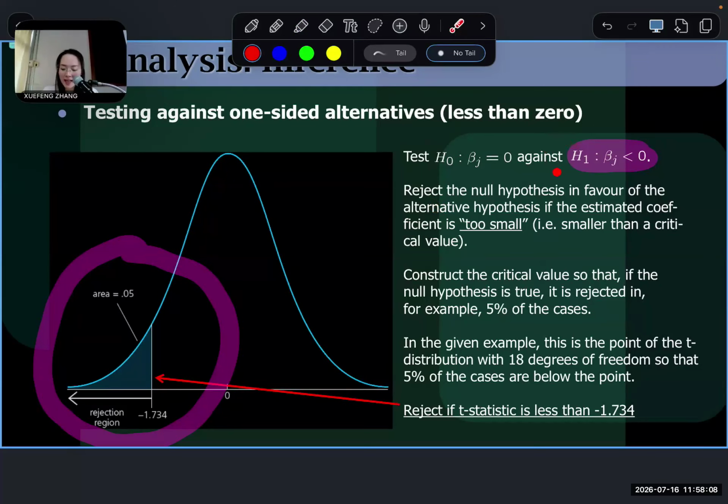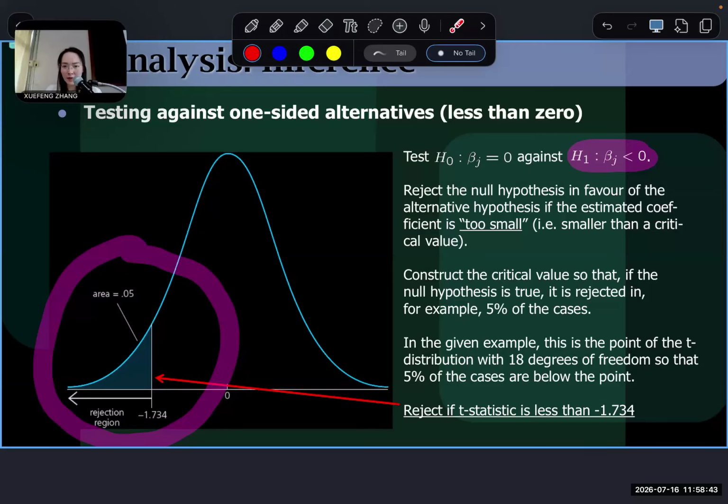So we reject H0 only when the t-statistic is sufficiently small, too small, to fall in the rejection region, okay?